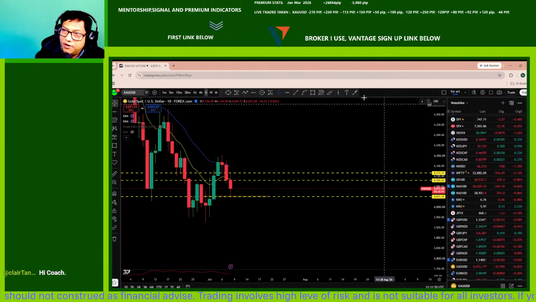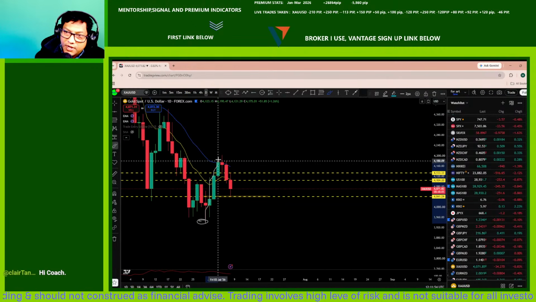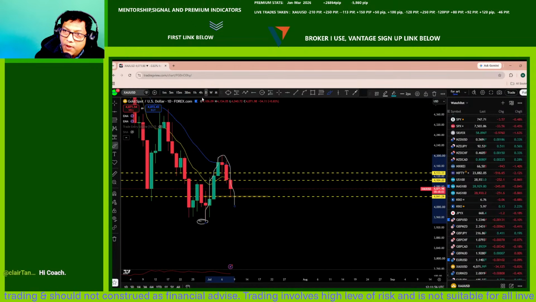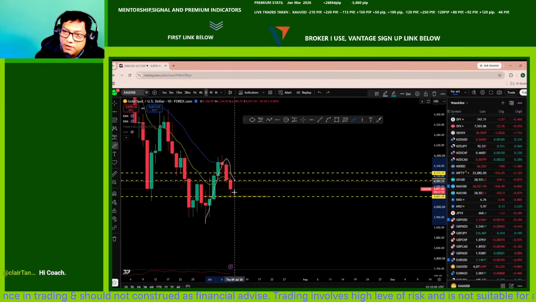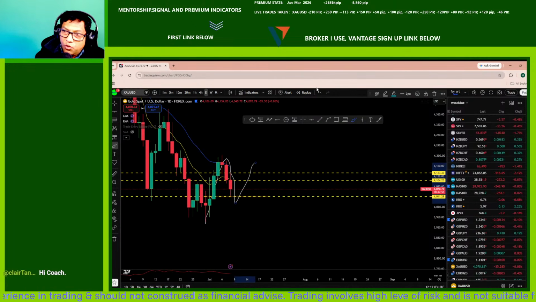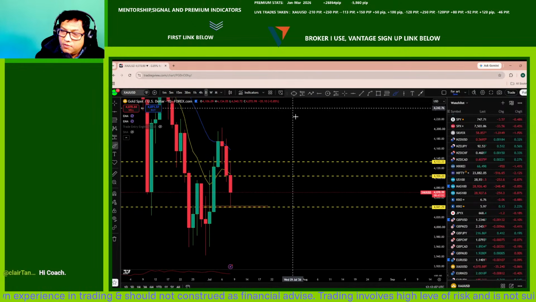From this support area, the market has made its move back to the upside. We can see that pullback, and another move here with this market. See where the market is heading.